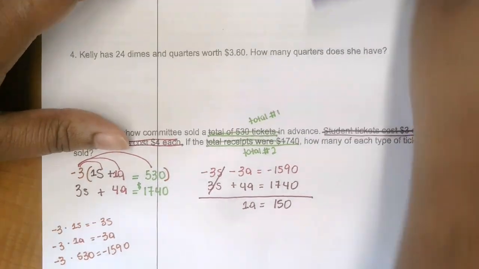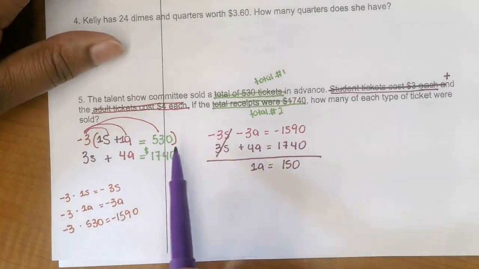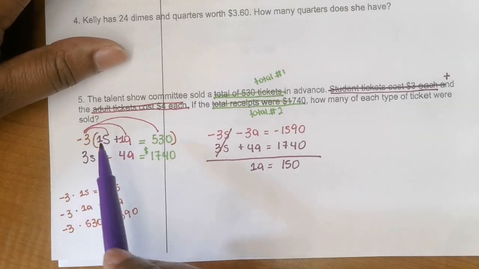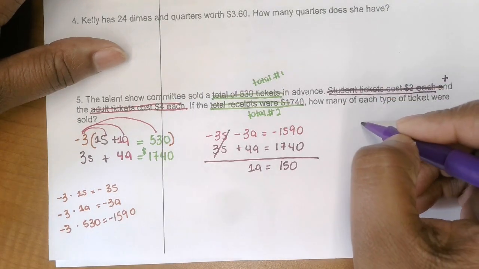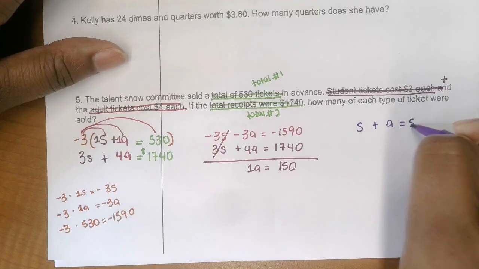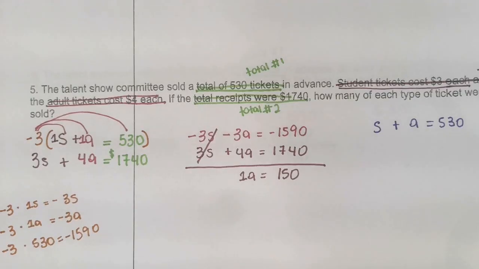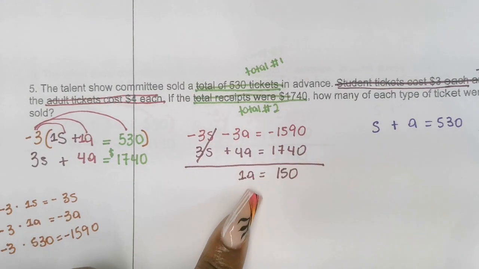So how many tickets did they sell to students? Again, as per usual, we're going to grab one of our original equations. The easiest one I see to use is the first one. So it's S plus A equals 530. All right, so we know how much they sold to adults.